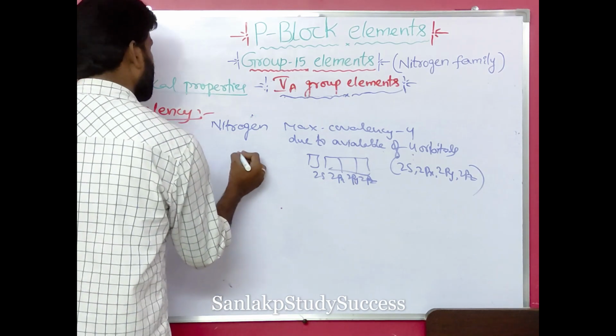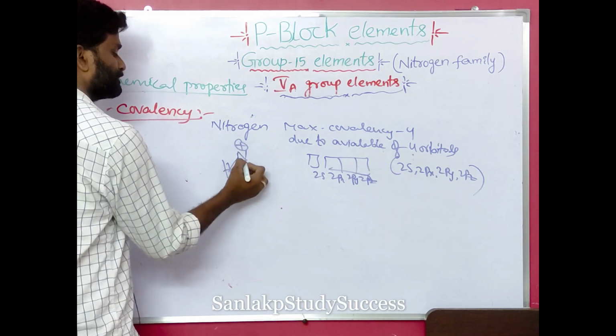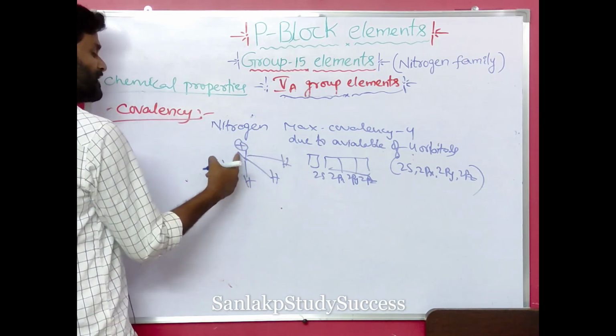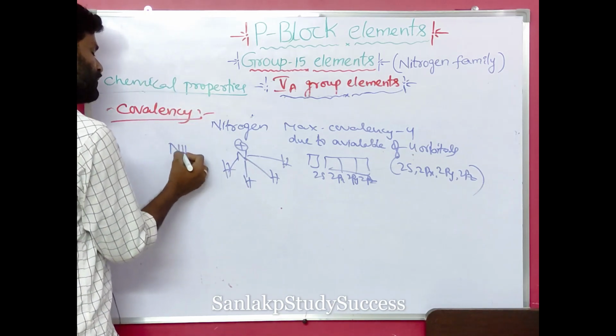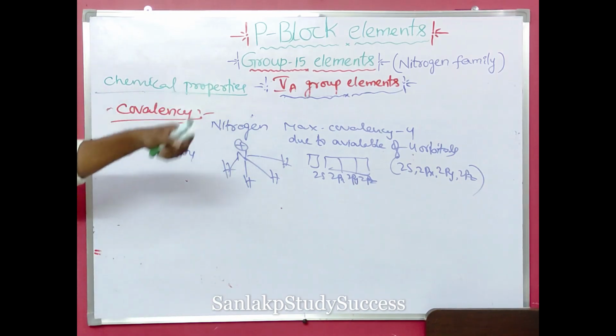For example, if we take ammonium, how many covalent bonds does nitrogen contain? 4 bonds. So it shows a maximum covalency of 4.